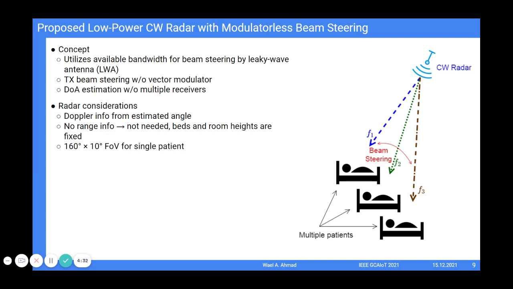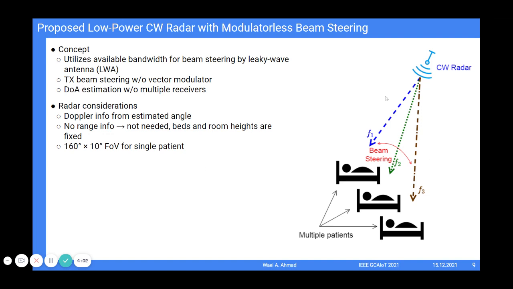So instead of using the bandwidth for range resolution, we would like to use the bandwidth for angle estimation so we can sense multiple patients using a single radar. According to the antenna characteristics, we can cover a certain space, a certain angular range, which is defined by the room size.